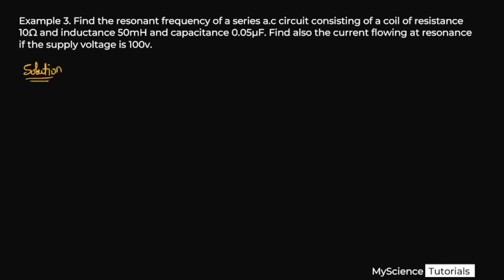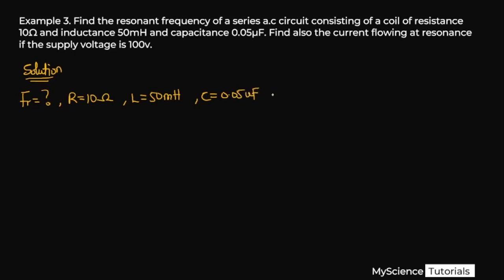As usual, let's write down all the parameters that we have to see what we are lacking and where to go from there. So we're asked to find the resonant frequency FR, so we do not know that. And then we were told that the resistance, a coil having a resistance of 10 ohms, and then an inductance L of 50 millihenry, and a capacitance C is equal to 0.05 microfarad.